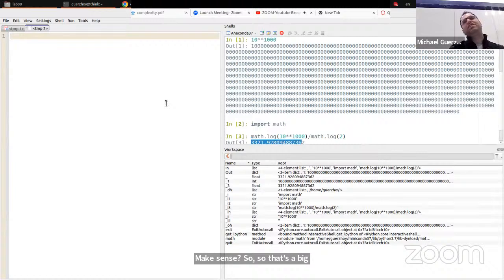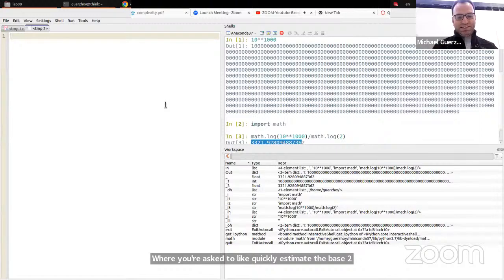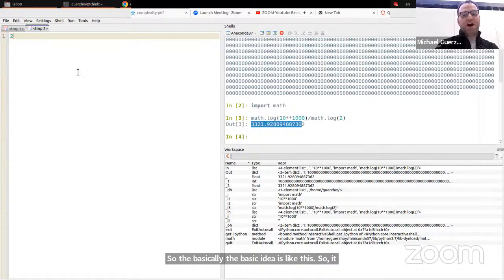A brief digression, and actually people ask about this in interviews, maybe still, they certainly used to, where you're asked to quickly estimate the base 2 logarithm or the base 10 logarithm of something. The basic idea is like this. It happens that 2 to the power of 10 is 1032, which happens to be approximately 10 to the power of 3.